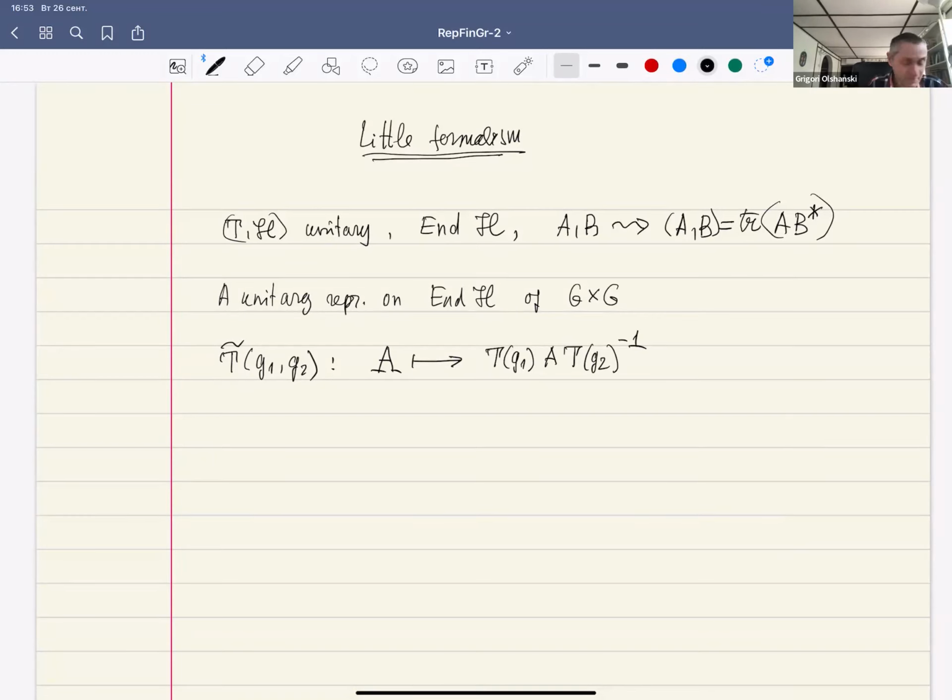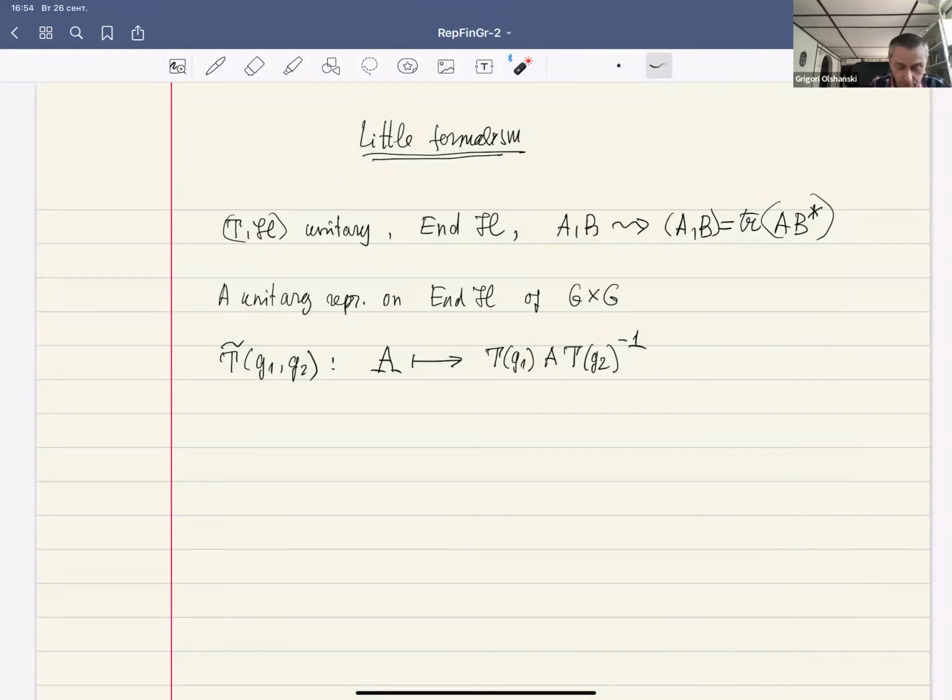Okay, so we have a representation. It's easy to see, first, that it is indeed a representation. And next, it is unitary. It's easy to see because our initial representation is unitary. Okay? And what is this representation?